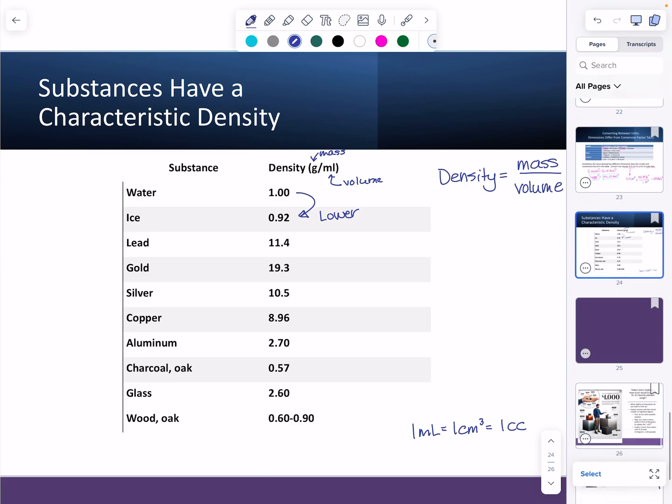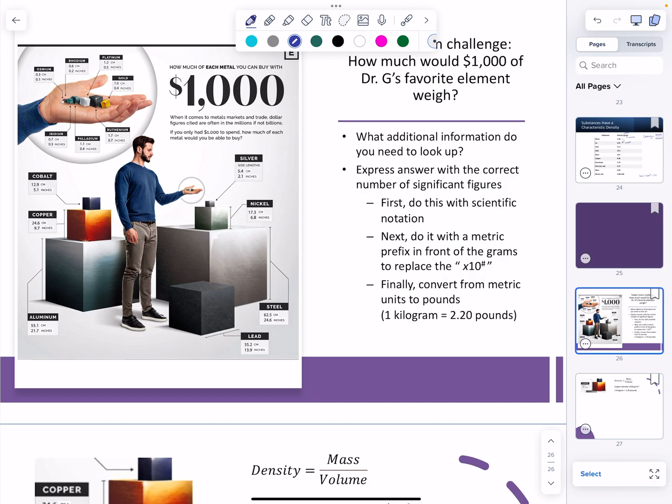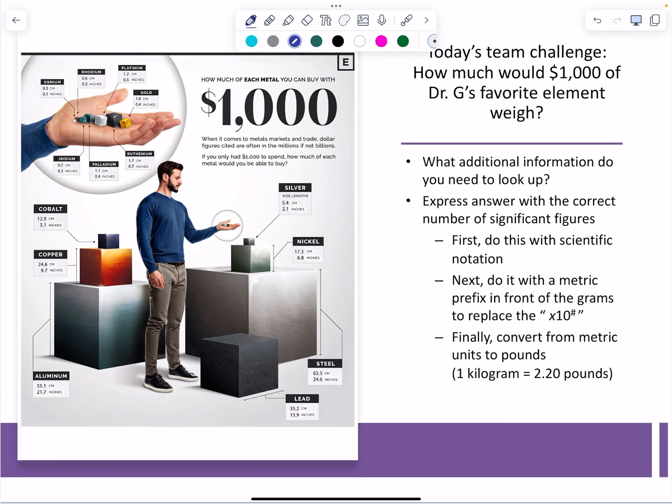All right, so to give you a little practice with both your unit conversion and calculating your density. Who remembers what my favorite element was from the first day of class? Copper. All right. So this was a really fun infographic that I found. It has to-scale pictures of what $1,000 of different materials would look like.